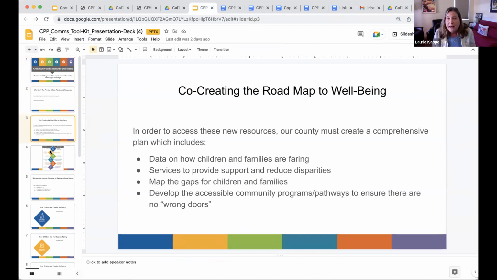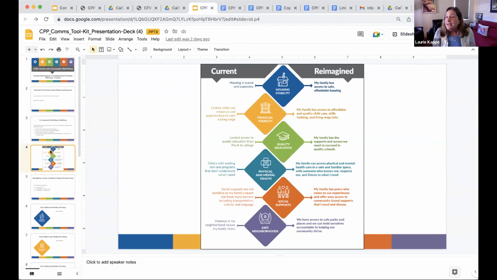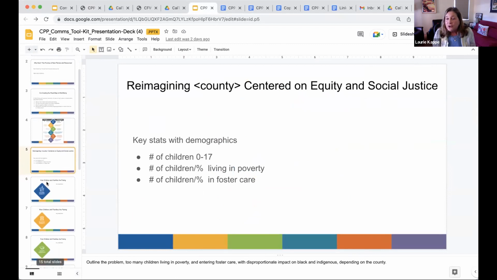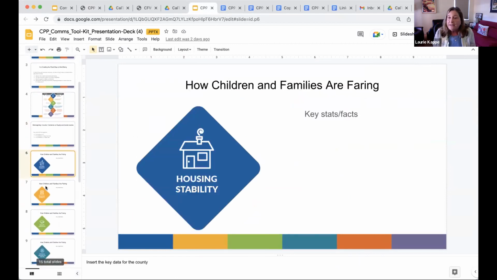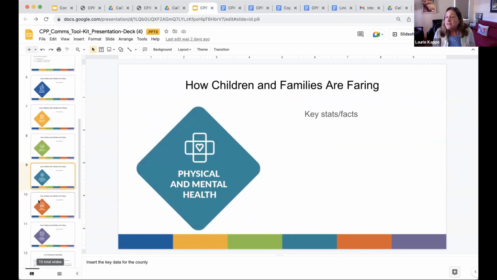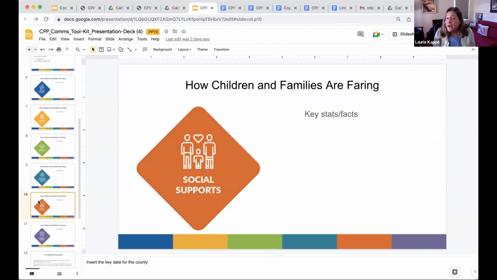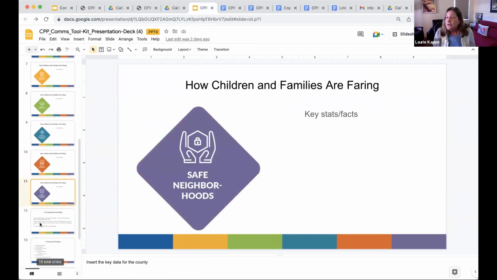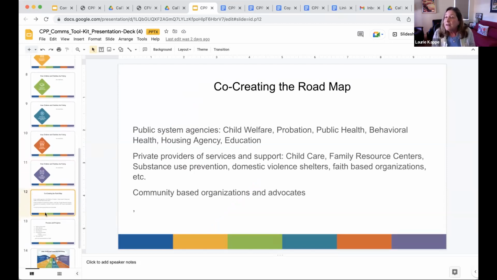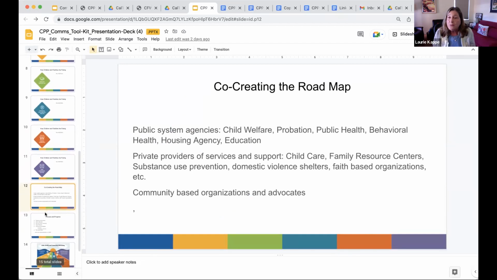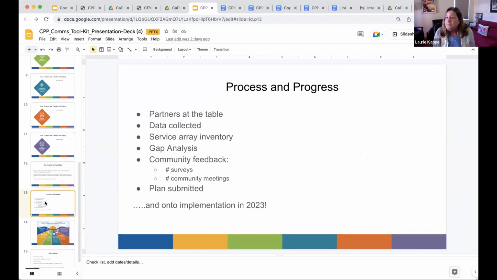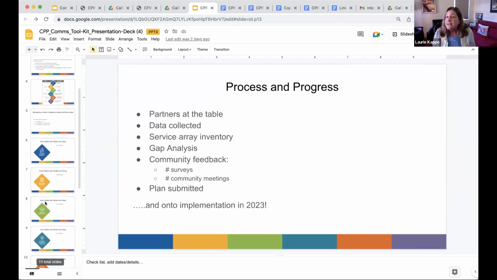You can tailor it if you'd like, but we've taken all of our key messages and put them into a PowerPoint so that you can insert your key stats and demographics for each of these foundations of community health, which are sometimes called social determinants or social drivers of health. Particularly those from the public health community are probably familiar with those phrases, and it's coming more and more into child welfare as well. And talk to them about how we're co-creating the roadmap, et cetera. So this is a nice deck that you can use and adapt.